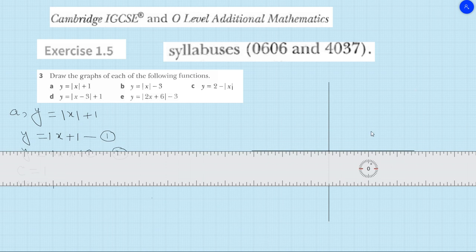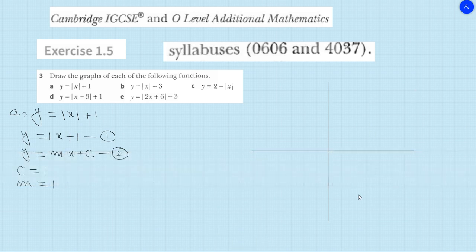How long these two lines are doesn't matter. Assign the names of x-axis and y-axis. This is the x-axis and this is y. And this point is the origin where the two lines intersect each other.